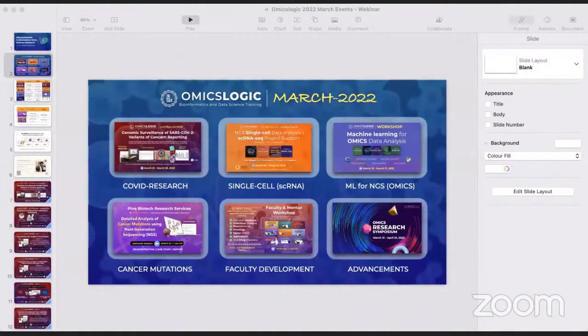We will be discussing that in our faculty and mentor workshop, which will be an opportunity for faculty especially to integrate some of these curriculums, such as introduction to bioinformatics, data science, and machine learning, into their teaching or into their projects.